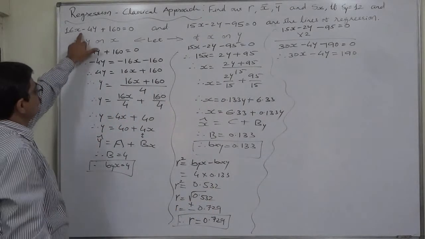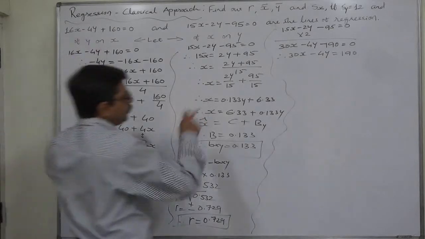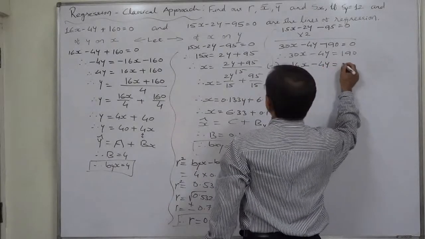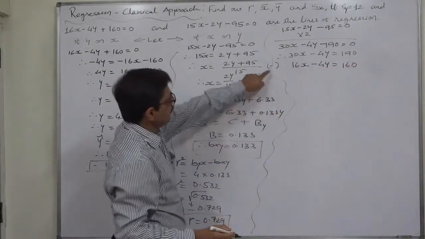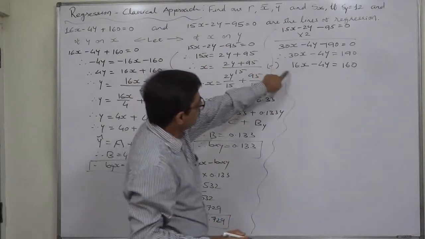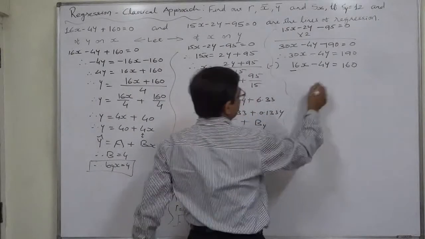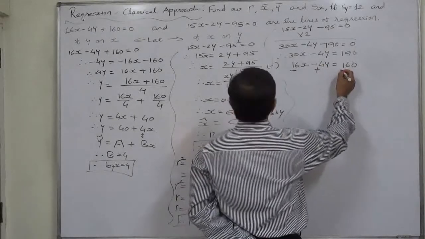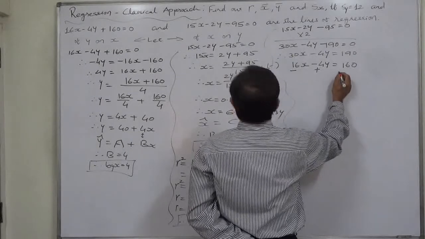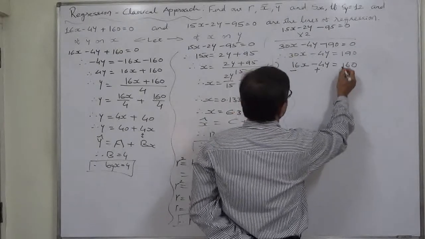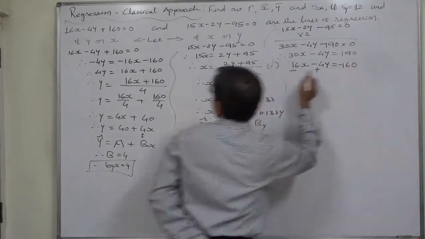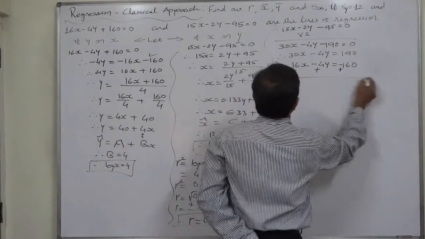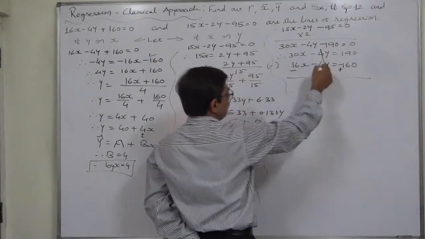Now we are going to subtract the first equation, 16x minus 4y equals 160, from this new one. Because of the subtraction, the 16 becomes negative, the minus 4 becomes positive 4, and the 160, which is negative, becomes positive. The minus 4y and plus 4y cancel.